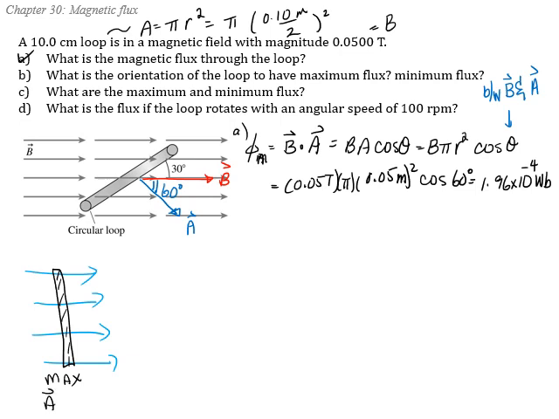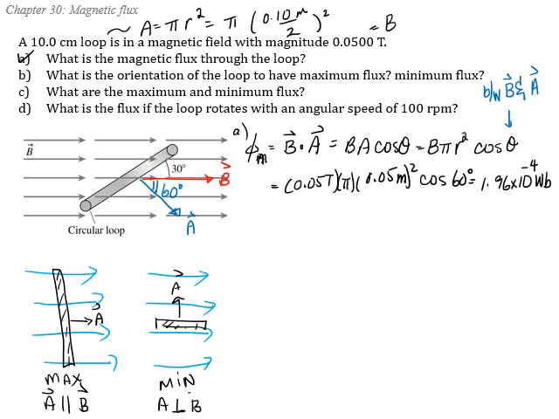This is where A is parallel to B. To have minimum flux, we don't want any lines to cut through that loop at all, so the loop is going to lie flat. So for minimum, A is perpendicular to B. So those are the relative orientations. There's part B.